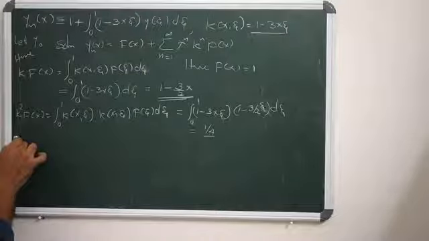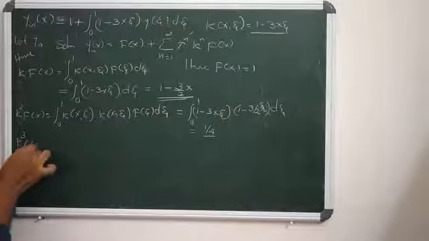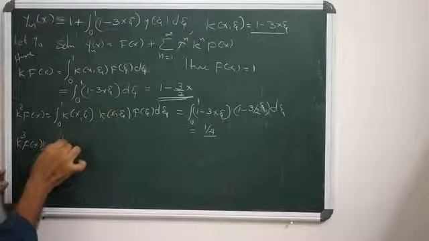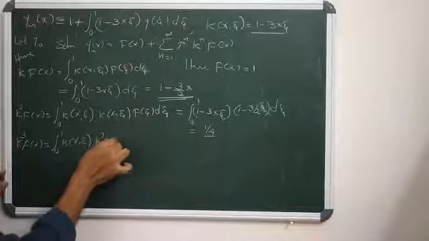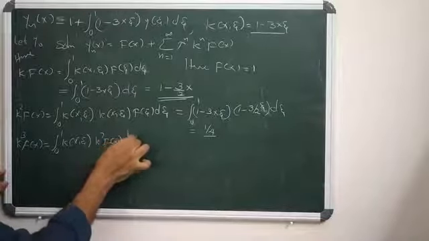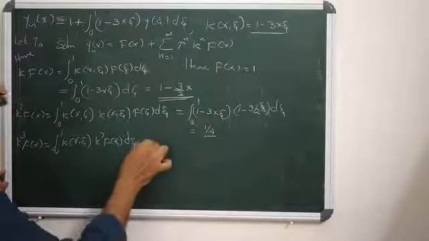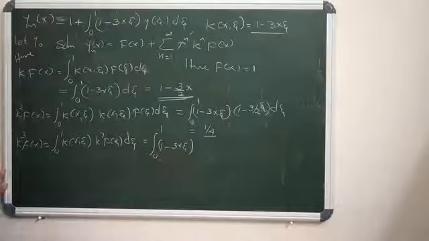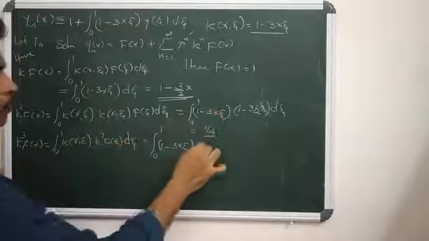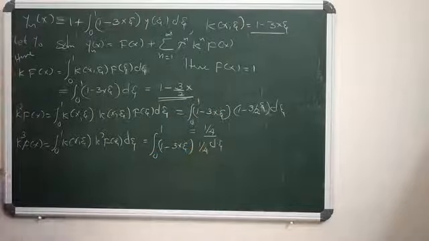Okay. What is k cube f of x? It equals the integral from 0 to 1 of k x theta into k square f of theta d theta. That equals again the integral from 0 to 1 of (1 minus 3x theta) into 1 by 4 d theta.